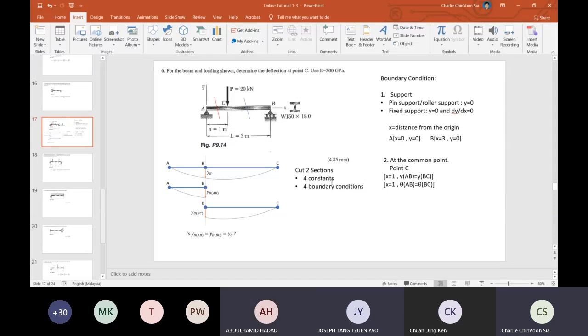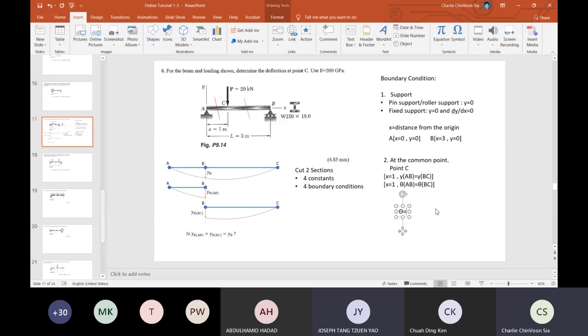Is it clear? By theta you mean dy/dx, isn't it? Yes, theta is dy/dx, the slope.